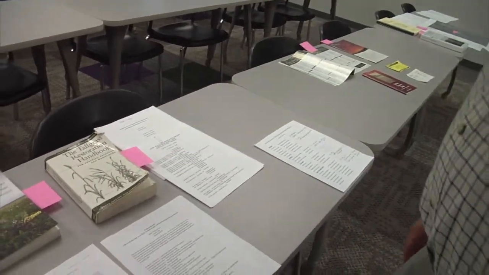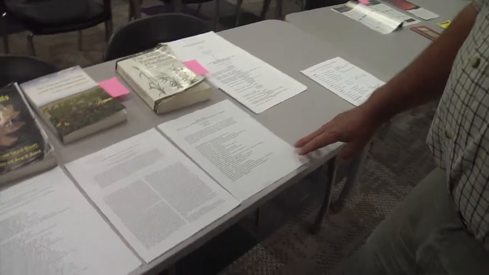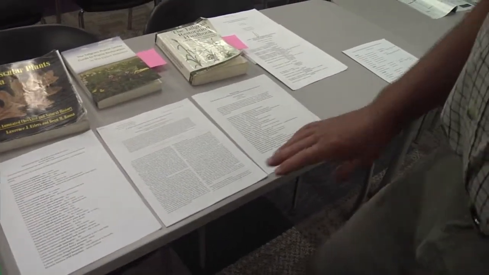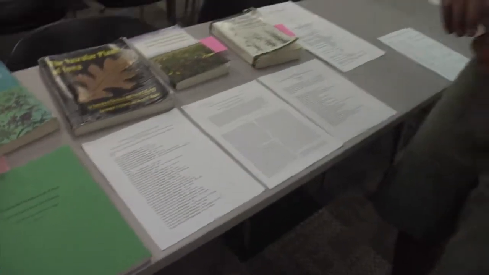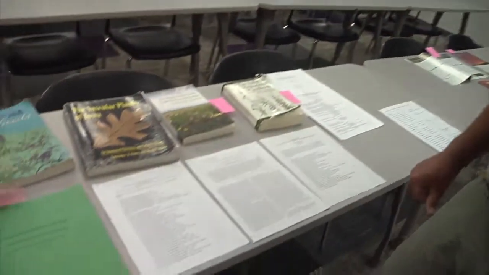There are other published papers, at least here in Iowa. One was put out by Thomas Rosburg. He's a biology professor at Drake University. He has compiled a list of what he considers plants that have a statewide distribution and plants that are nearly statewide, and he has it listed by genus, species name, and common name.